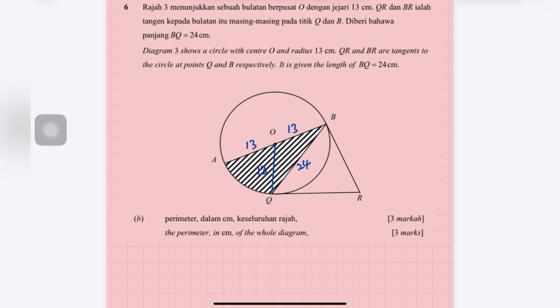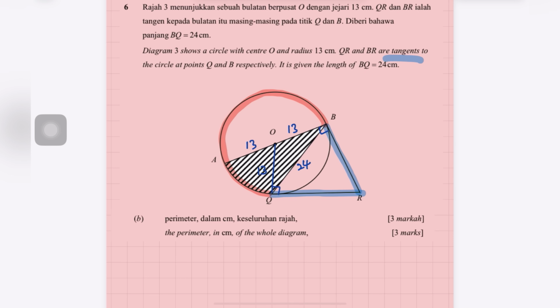The perimeter of the whole diagram is actually the major arc, this one, and we add the length of QR and BR. Since BR and QR are tangents, as given just now, we know the angle here is 90 degree.